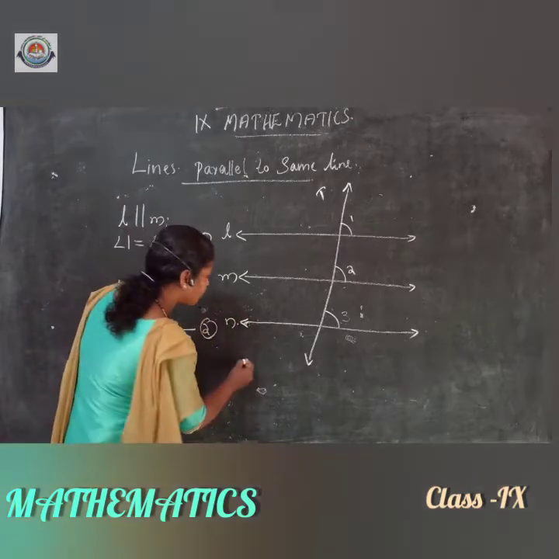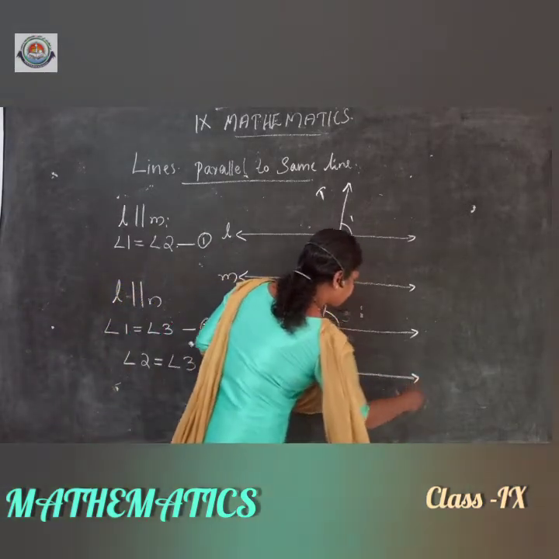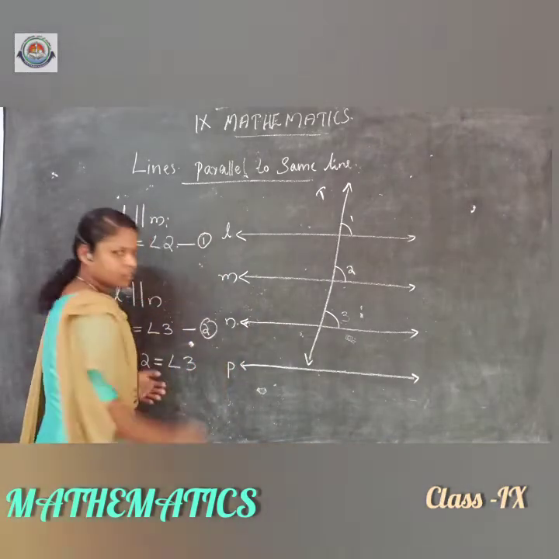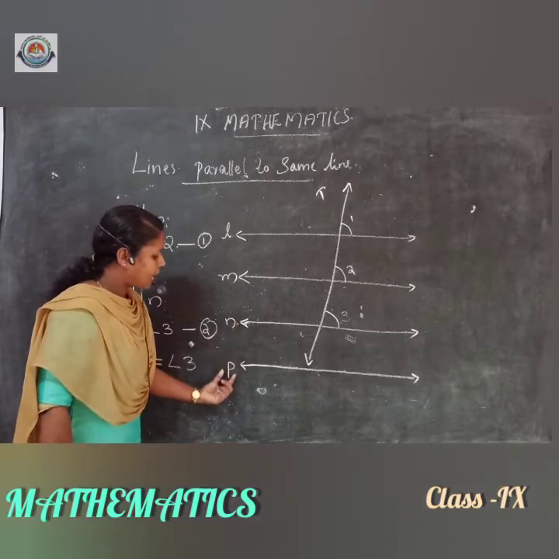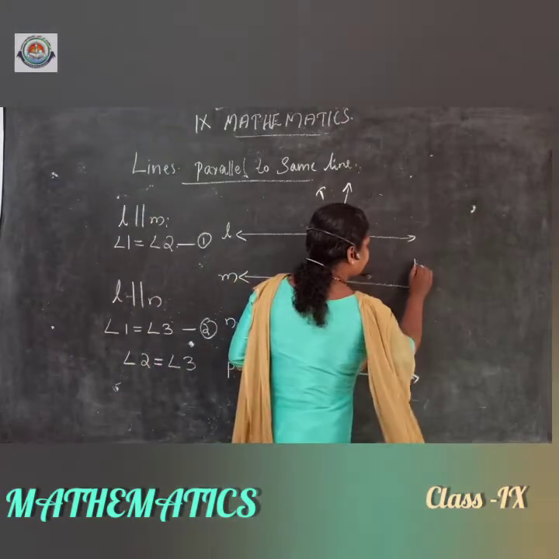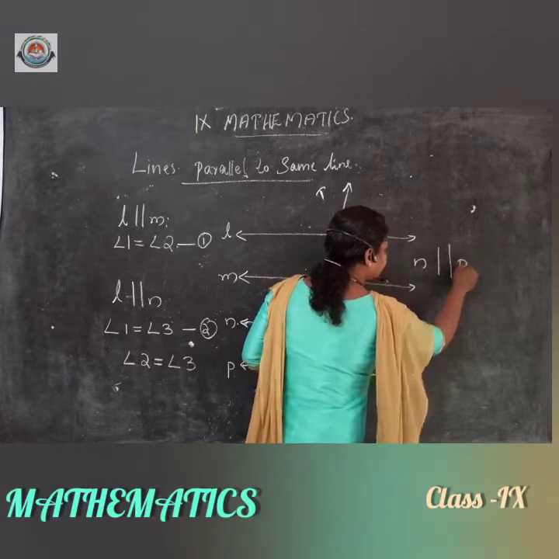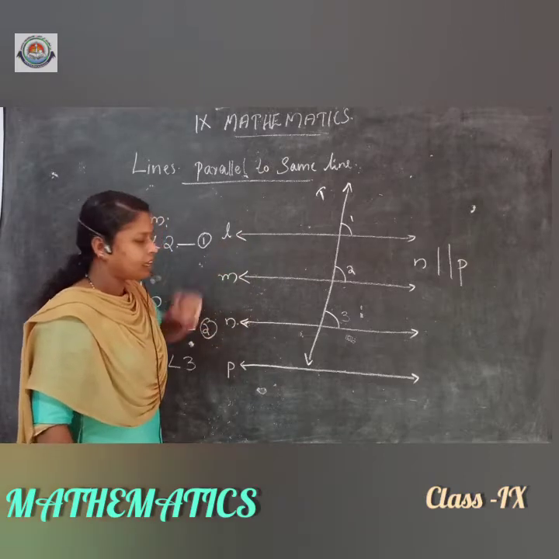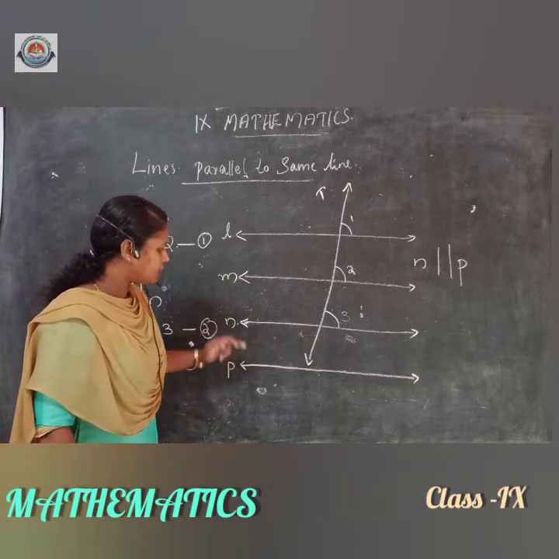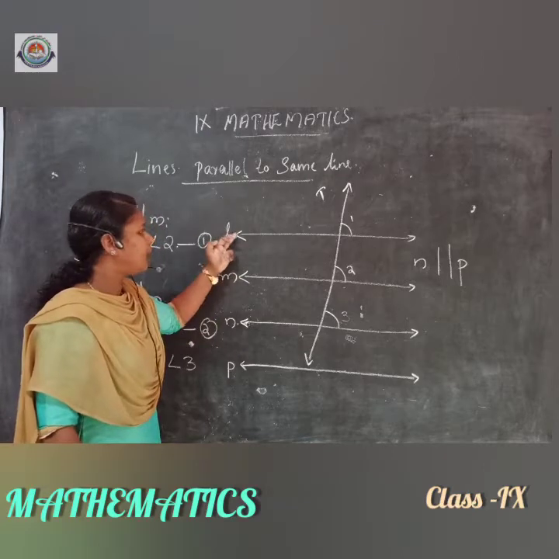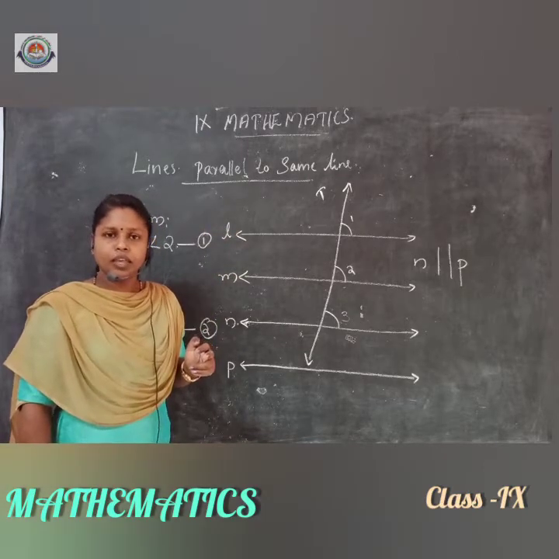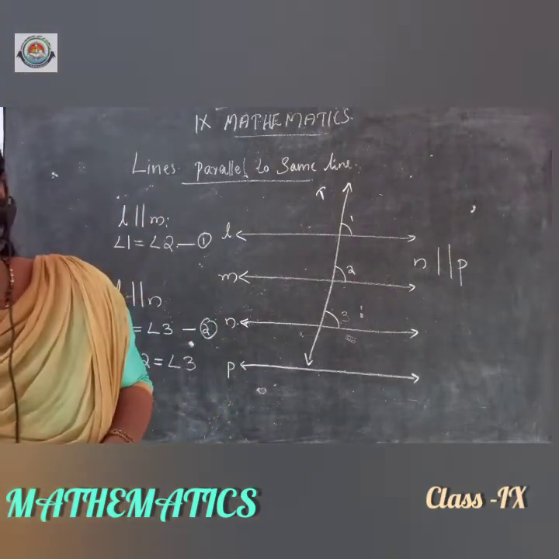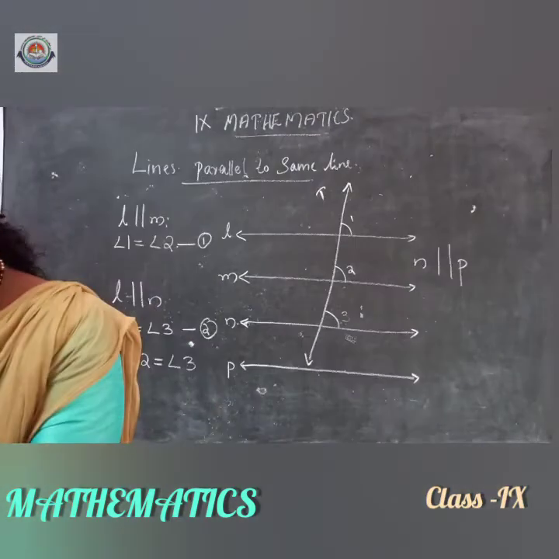If I take one more line, suppose line P, and N is parallel to P, and N is also parallel to M and L, then P is parallel to M and L also. I think it is clear. Then we can move to the problems.